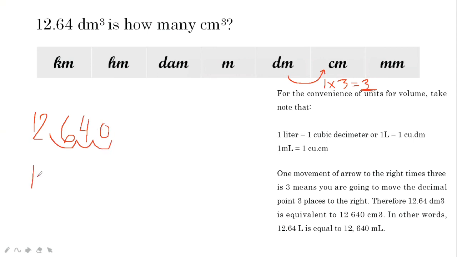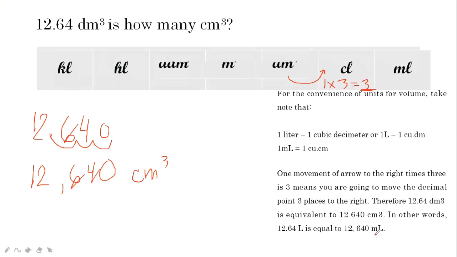And then, mag-a-add tayo ng isang 0. So, therefore, ang 12.64 cubic decimeter is equivalent to 12,640 cubic centimeter. So, that is, ayun siya. In other words, 12.64 liter is equal to 12,640 ml. Ito siya.